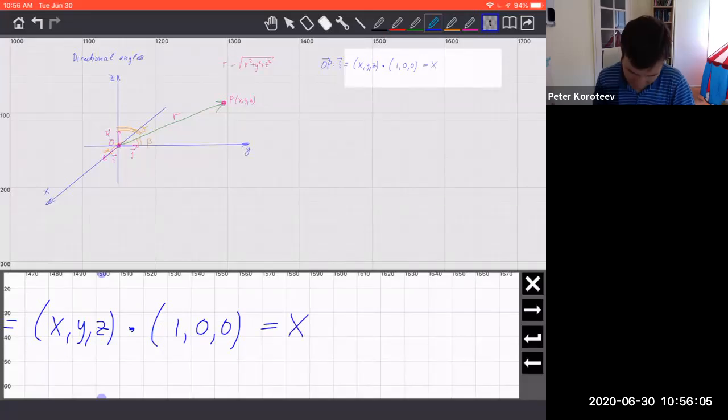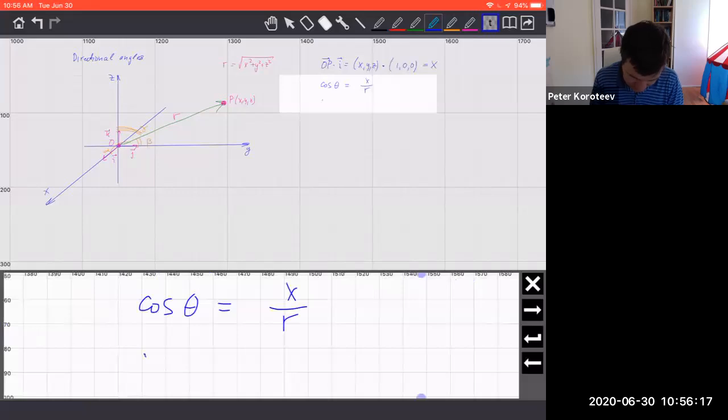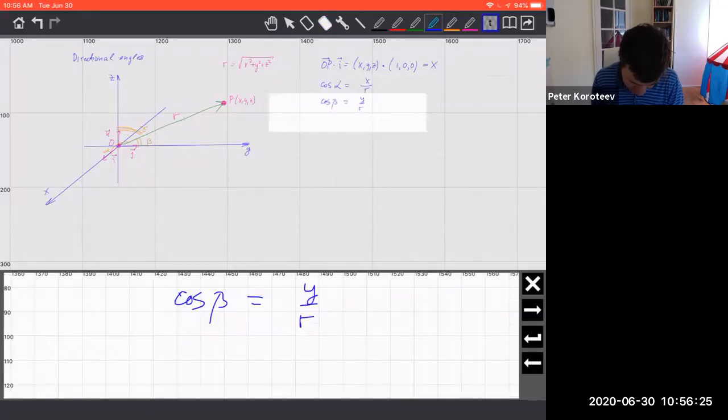By definition of the angle, cosine alpha is equal to x divided by R. Similarly, cosine beta is equal to y divided by R, and cosine gamma is equal to z divided by R.